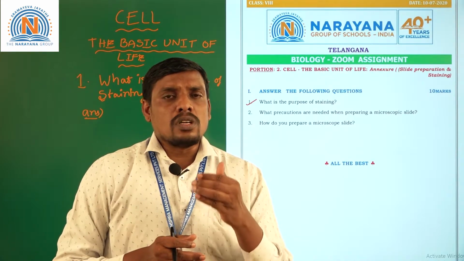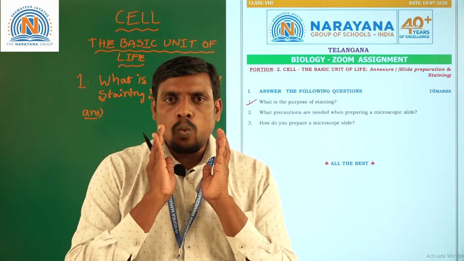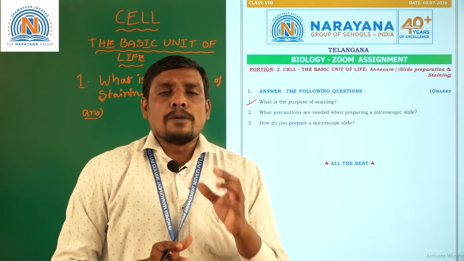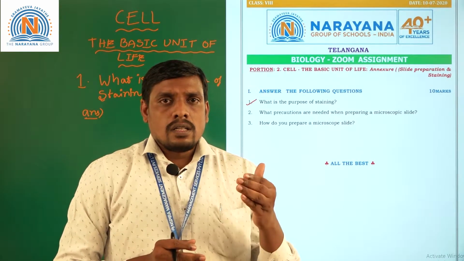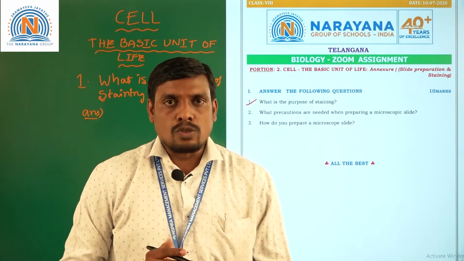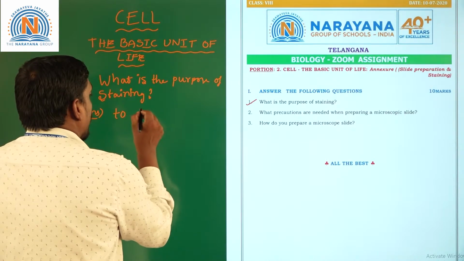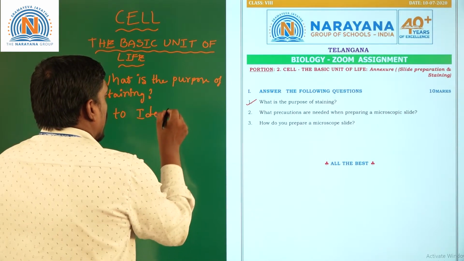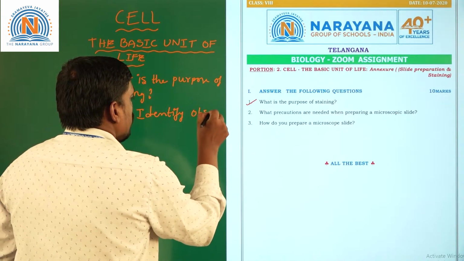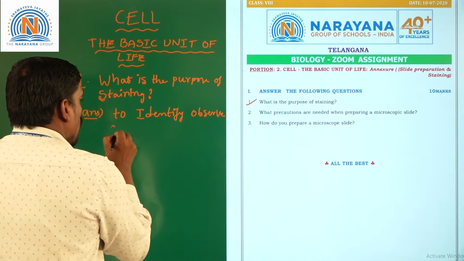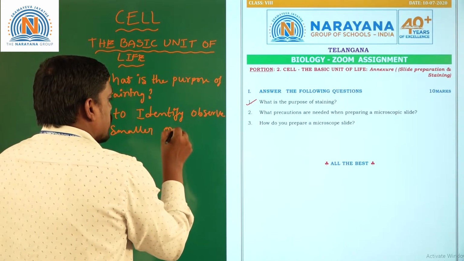Now, how can you give the answer for the purpose of staining? My one-line answer is: to observe microscopic organisms in a proper manner, the staining process plays an important role. Very simple answer. So, to identify or observe smaller organisms.